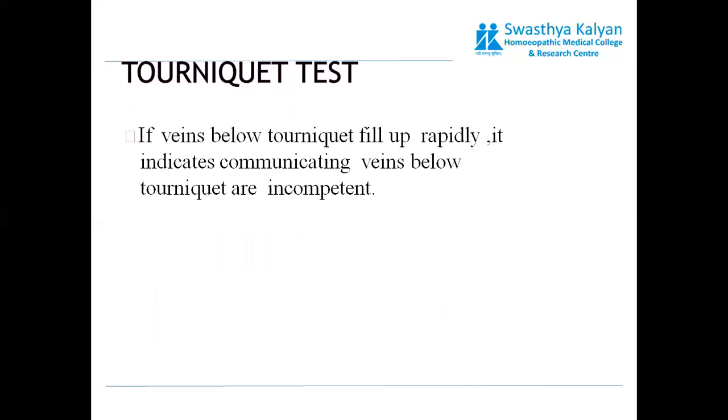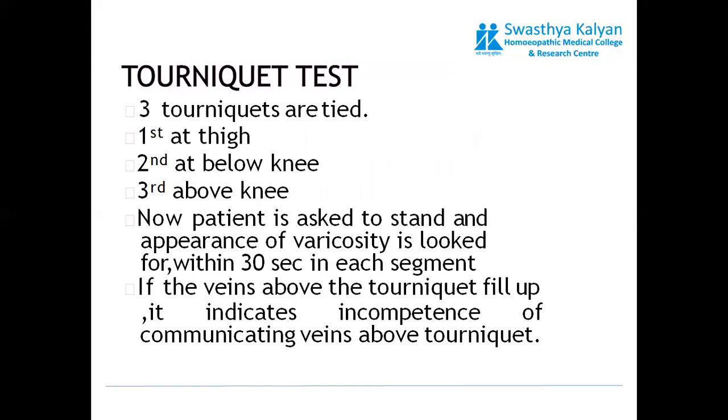And we have tied three tourniquets. The positions of these three tourniquets are like band-like structures. They are used to compress the veins. Second is below the knee, and the third would be above the knee. With these three tourniquets, we have made segments in the leg.